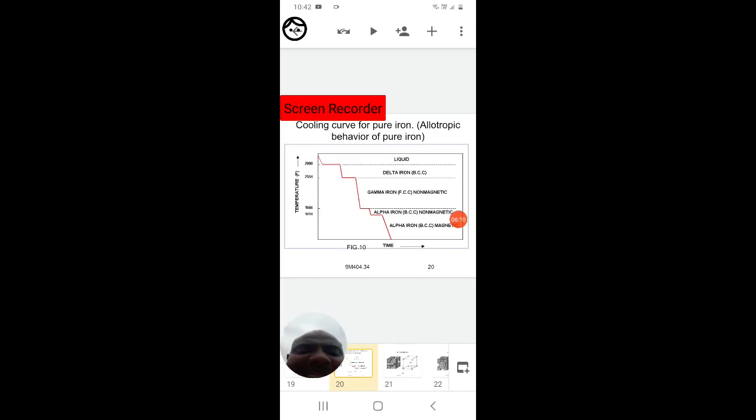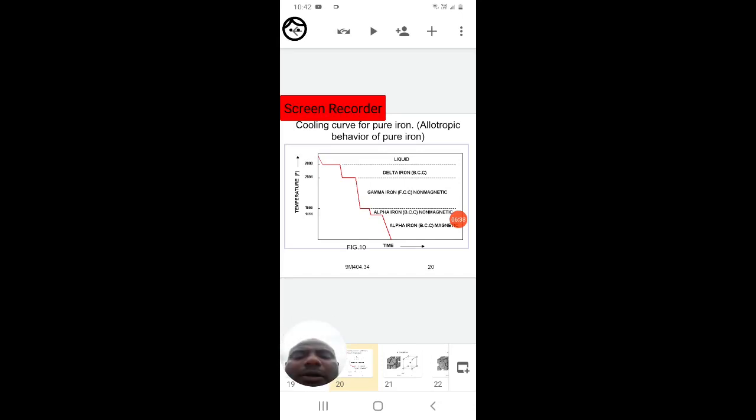Delta iron exhibits a BCC structure, gamma iron an FCC structure, alpha iron a BCC structure, and beta iron a BCC structure with magnetic and non-magnetic properties. At different temperatures, different structures appear. This type of property is known as polymorphism.